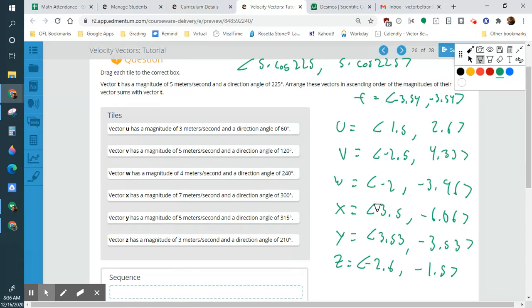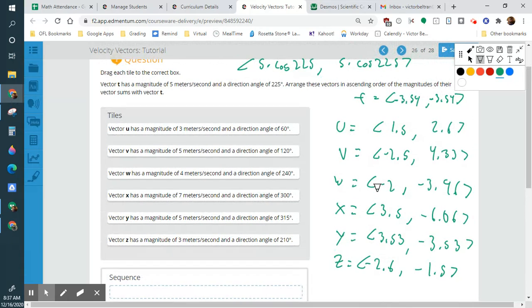Now what we have to do is add each of these vectors together and find their magnitude. So that was the process of just finding the vectors. Now we want to add these together. I'm going to do TU, for example, and then I have to do TV and then TW and then TX, TY, TZ.